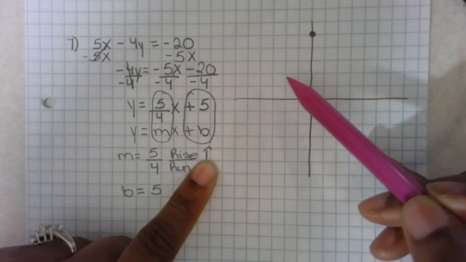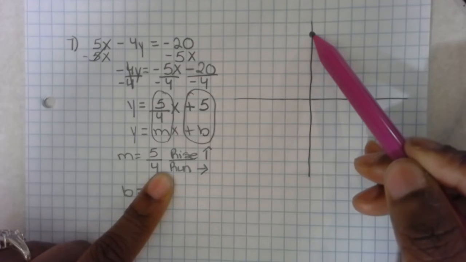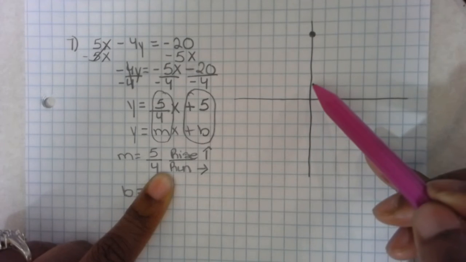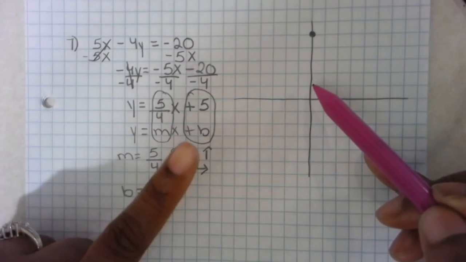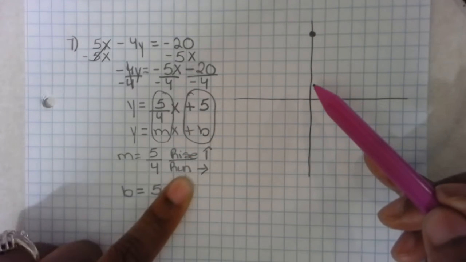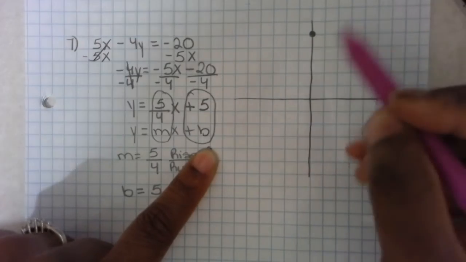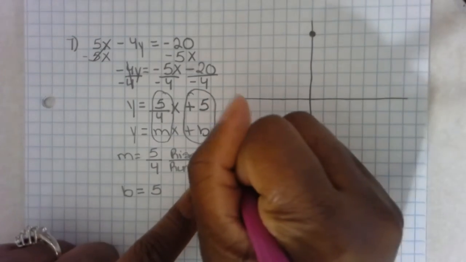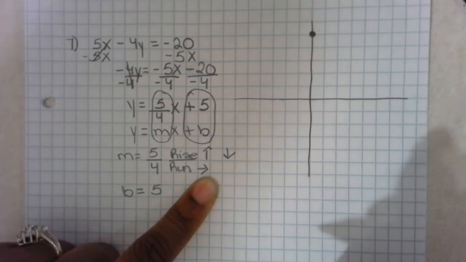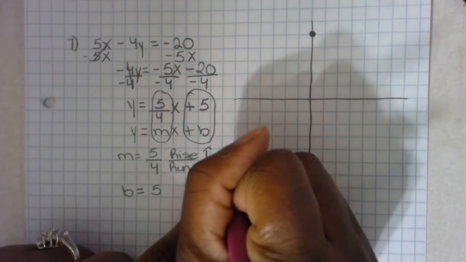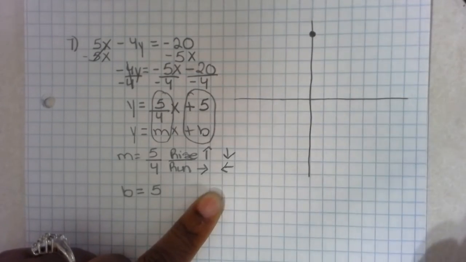If I need to get points on the opposite side of my y-intercept, I have to go the opposite direction of my rise and run.